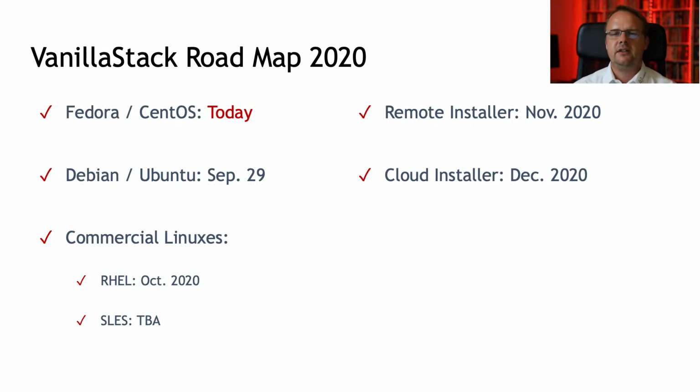You would simply log in and say, I want to have my VanillaStack on Azure or AWS, and then the cloud installer would provide the VPCs and all the other required infrastructure, and install VanillaStack for you, and you would have your own trustworthy cloud stack on the hyperscaler of your choice at your disposal. The only thing you need to do is grab a cup of coffee or a tea and wait for half an hour or an hour, and then everything is ready for you.